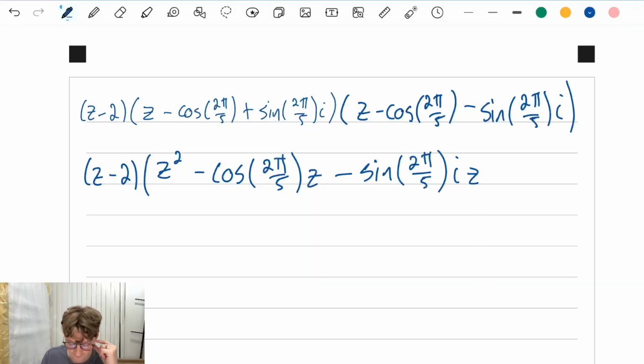So that's my first term multiplied by all 3 terms over here. I'm going to have to do the same thing again for term 2. So if I do the same thing again for term 2, I'm going to be multiplying by negative cosine 2 pi on 5 by everything in my other bracket. That is going to simply just wind up with, maybe actually, I'm just thinking about this a little bit, right?